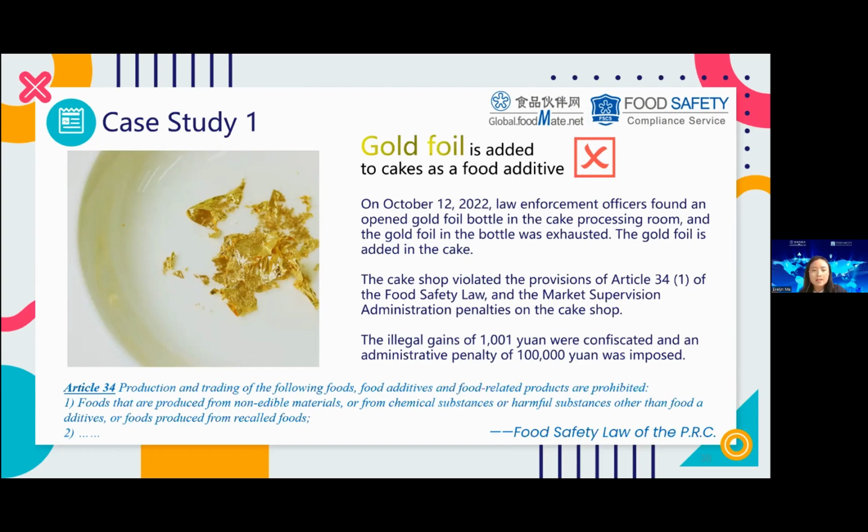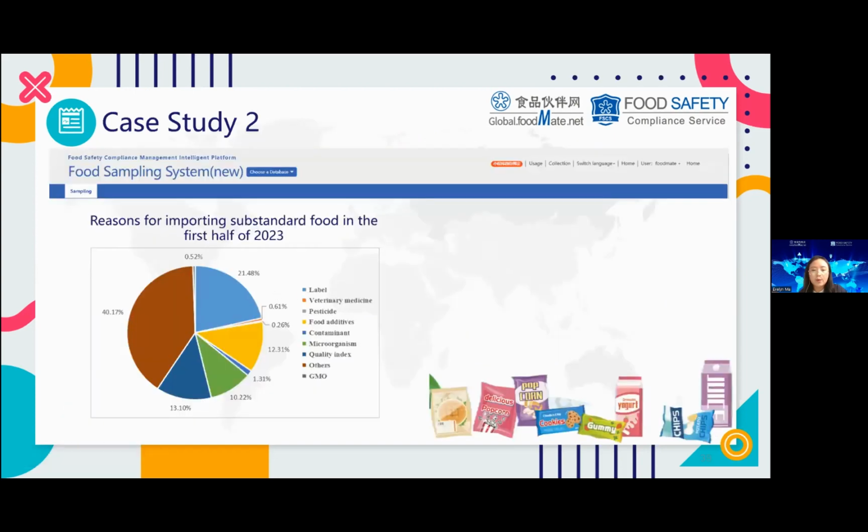And the second case study is about imported food that's not allowed to enter China. And this information is also available in our company's database. From the statistics for the first half of this year, we find that among the reasons for non-compliance of imported food, food additives rank in the top 3. They occupy over 1% of the products.